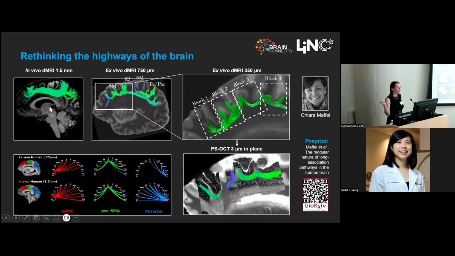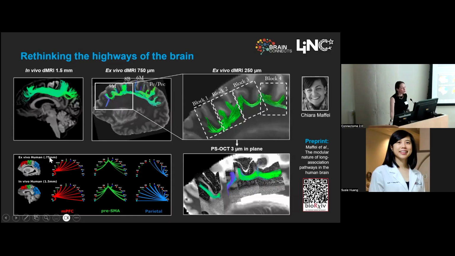We saw that when we went to high resolution, these large long-range connections actually start to break up into multiple shorter range connections. This diagram on the bottom left shows you that at 1.5 millimeter resolution, which is pretty high resolution for an in vivo diffusion scan, you see more of these long-range connections, potentially because at that resolution, many of the shorter range connections get merged with each other.